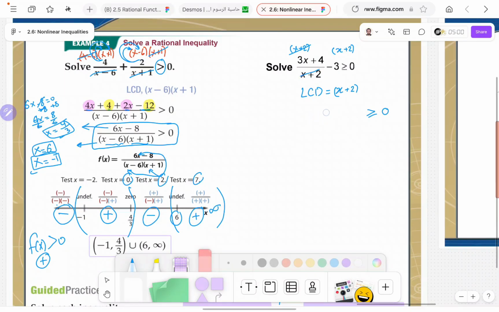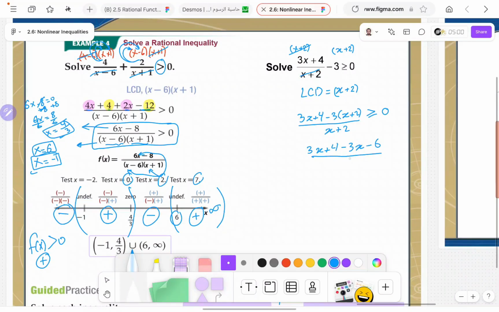Now after I multiply this, I need to find the least common denominator, so it should be 3x plus 4 minus 3 multiplied with x plus 2. We will distribute it, so all of that over x plus 2. Now let's simplify this. 3x plus 4 minus 3x minus 6, over x plus 2 greater than or equal to 0.